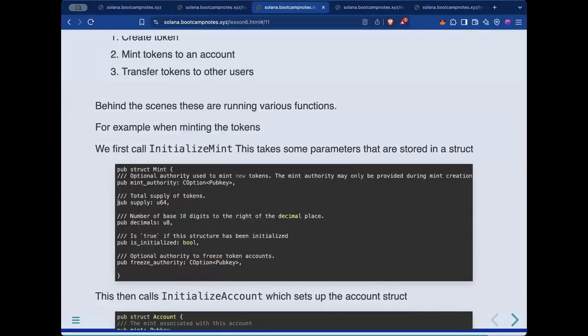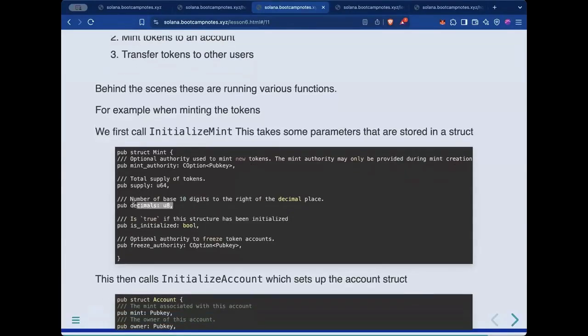We want to have an idea of the supply, the total supply of the tokens, so we can specify that. The number of decimals within a token, we need to supply that. I'll just quickly explain that.